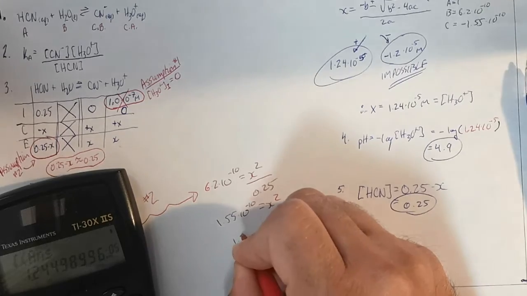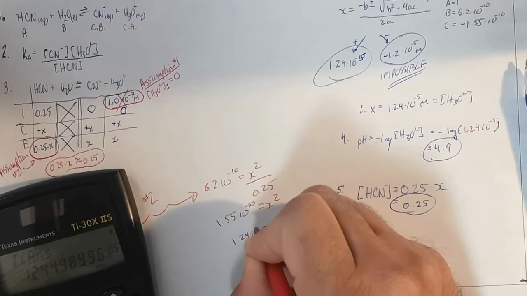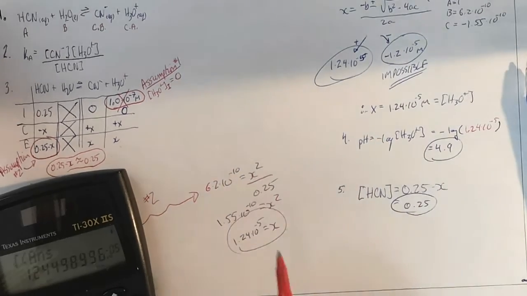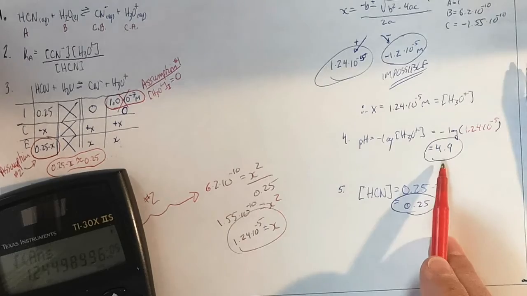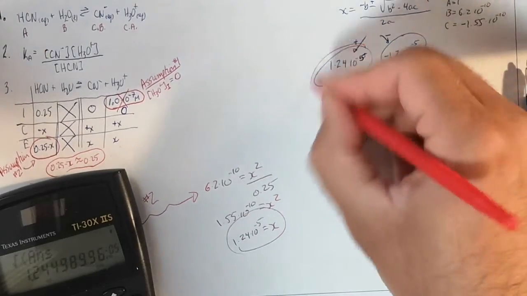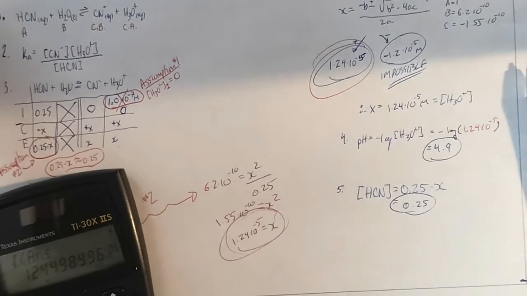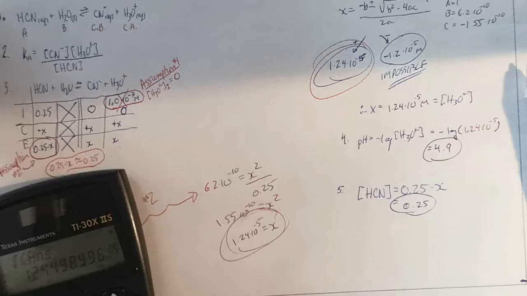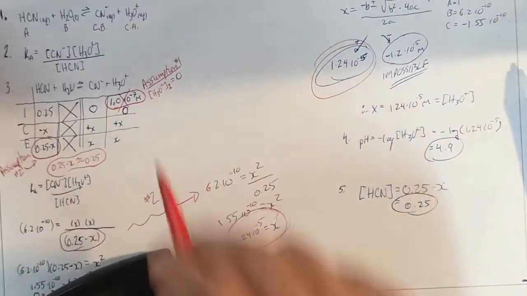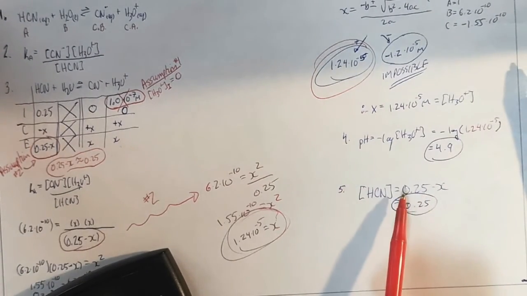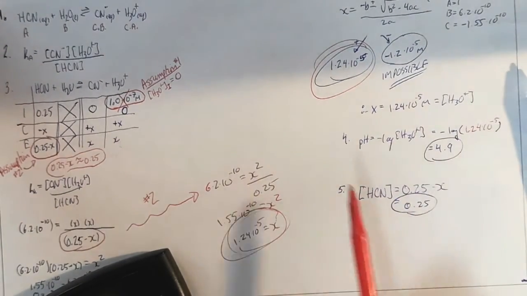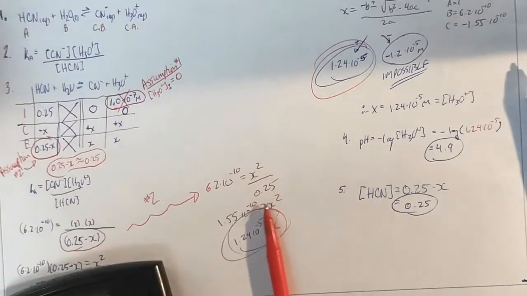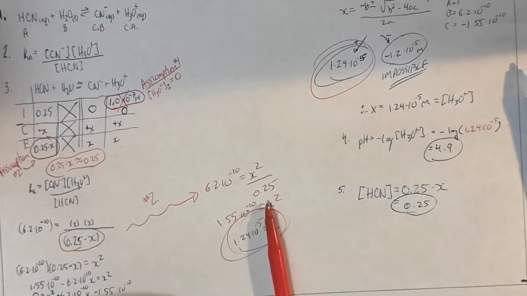X equals 1.24 times 10 to the minus 5. Now, wasn't that a ton easier than using the quadratic equation? All right. So if you make these two assumptions, it won't impact your final answer, and it'll make your math a whole lot more simple. All right. You're welcome. Have fun, everybody.